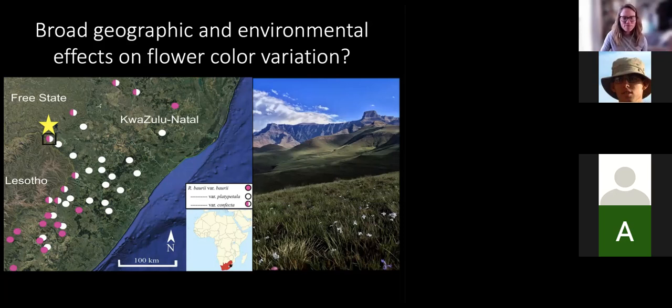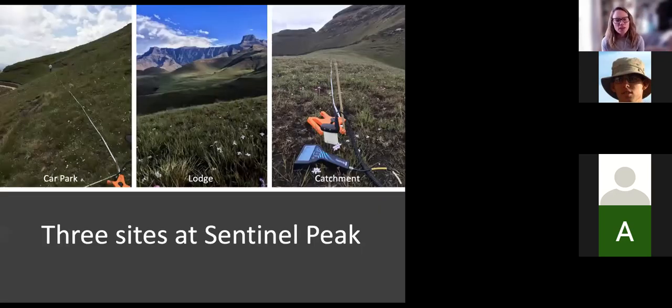For this work, we focused on three sites at Sentinel Peak. The first was up at the car park. If you've hiked to the chain ladder up the zigzags, you've seen the abundance of Confecta along the trails. They're pretty much everywhere. Then we found a site of Confecta at the lodge when we were out walking after fieldwork one afternoon, so we decided to add that in as a subpopulation.